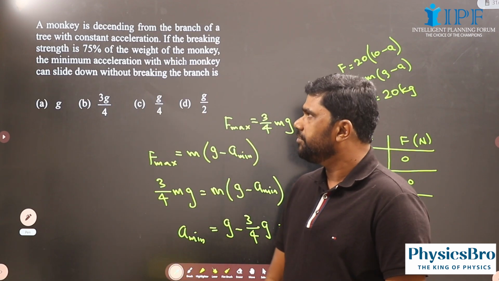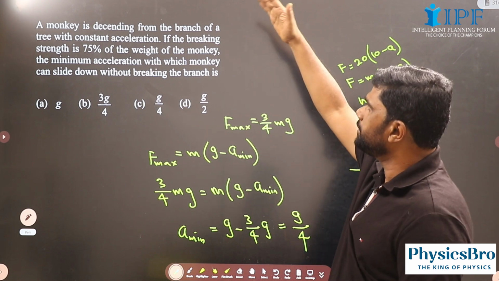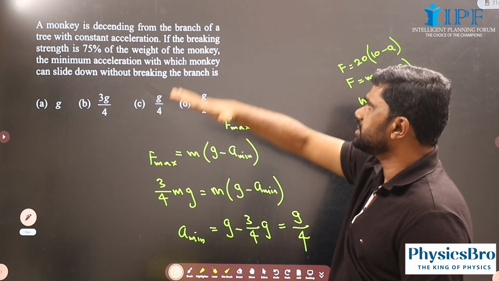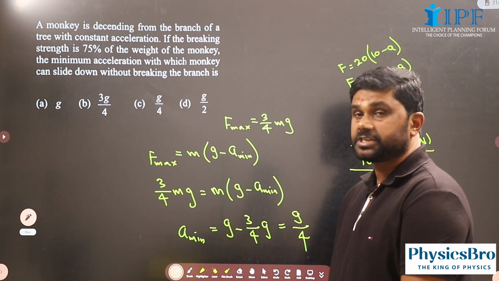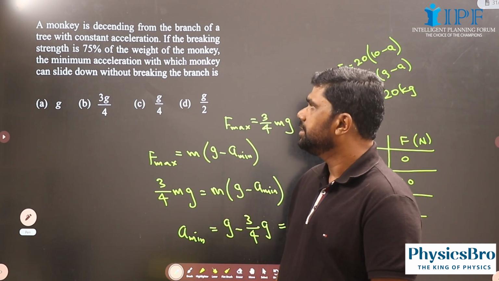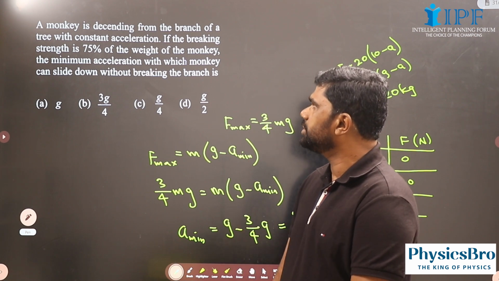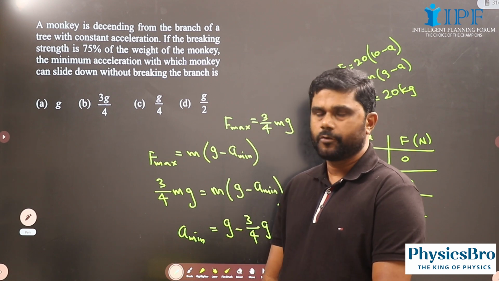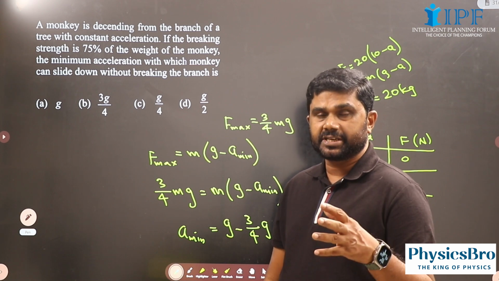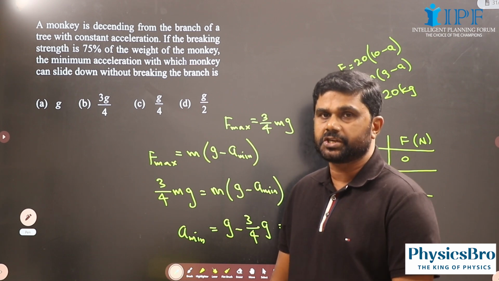Now children, we have another wonderful example. A monkey is descending from the branch of a tree with constant acceleration. If the breaking strength is 75% of the weight of the monkey, the minimum acceleration with which the monkey can slide down without breaking the branch is... So the maximum tension that the branch can withstand is 3/4 of the weight of the monkey.